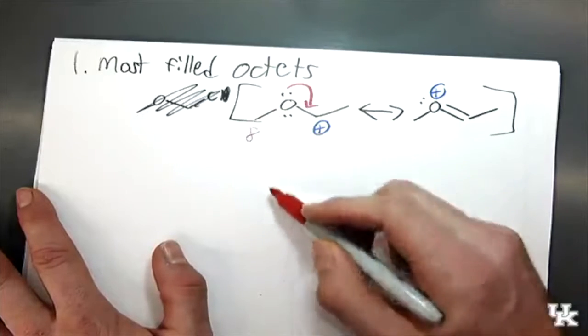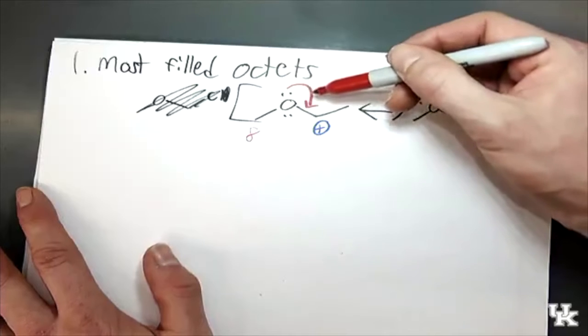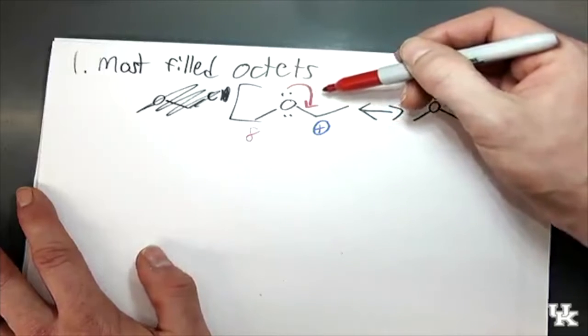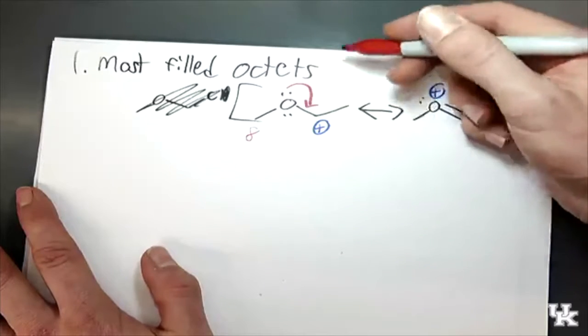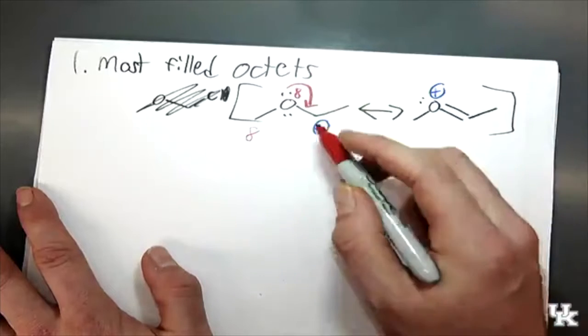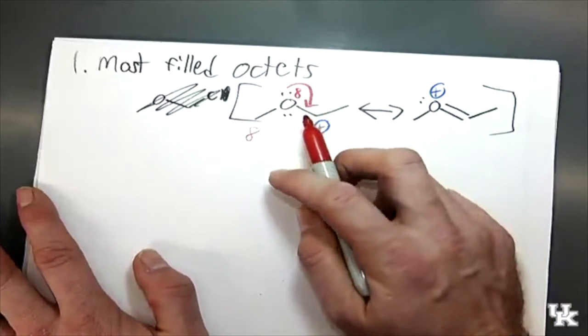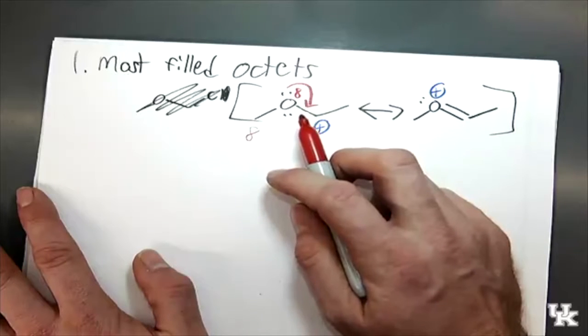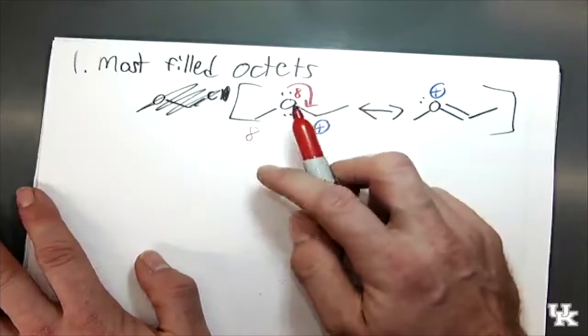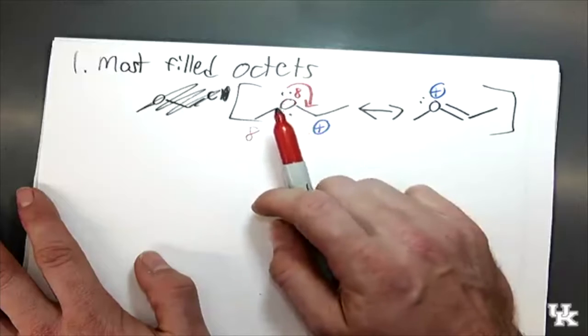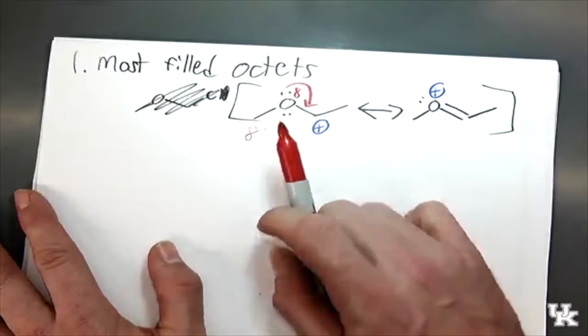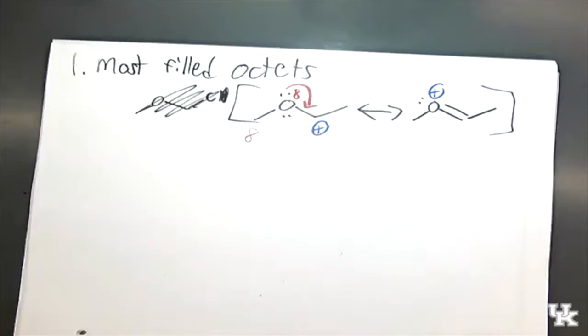So that one's happy. Oxygen, 2 bonds, 2 lone pairs, 8 valence electrons, right? So it's fine with that. This carbon has how many hydrogens bonded to it? Okay, I'm hearing some 2s. Does everybody agree 2 is the answer? Ooh, I'm seeing some dissent. I'm seeing some 1s as well.